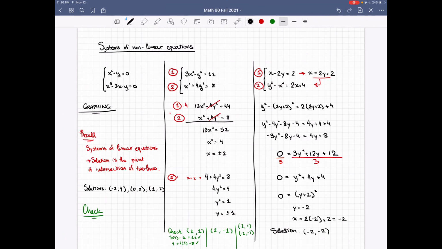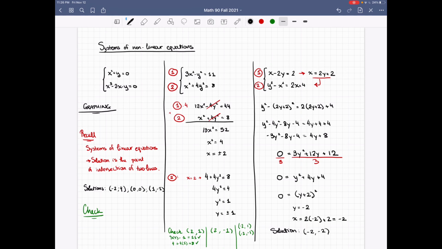So this is the essence of nonlinear systems. The concept is the same. You have two equations, and both of them have to be satisfied in order for a pair to be a solution. However, because they are nonlinear, graphically speaking, you are no longer looking for the intersection of two lines.